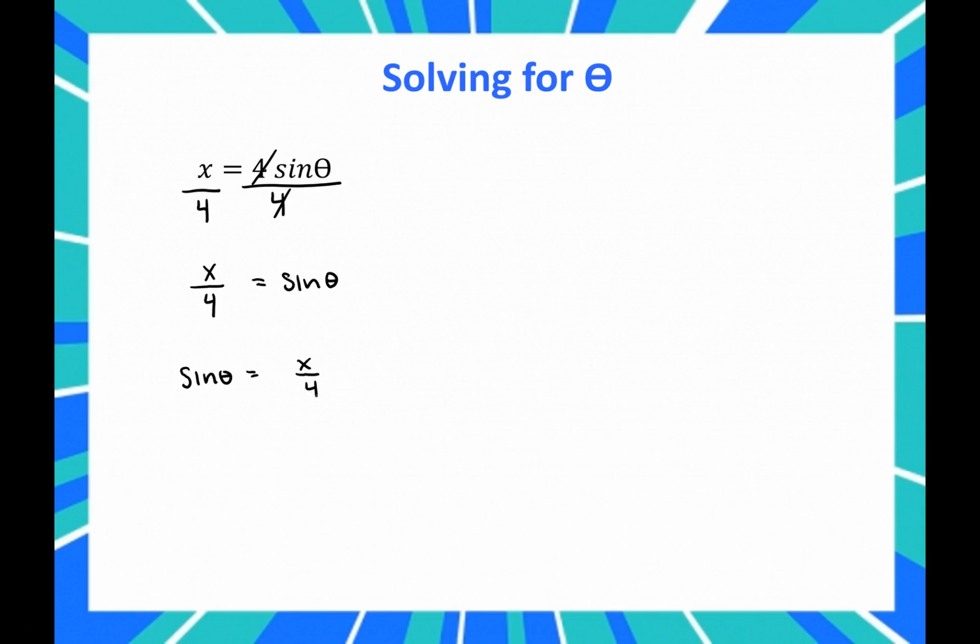You should remember that the inverse of sine is sine inverse, so I'm going to take the sine inverse of both sides. The sine inverse and the sine cancel, and so my final answer is theta equals sine inverse of x over 4.